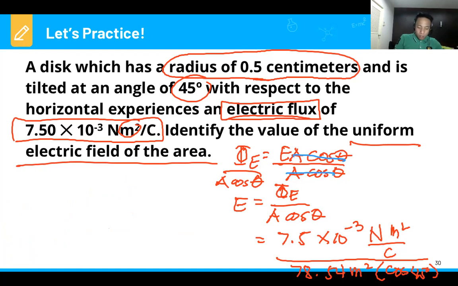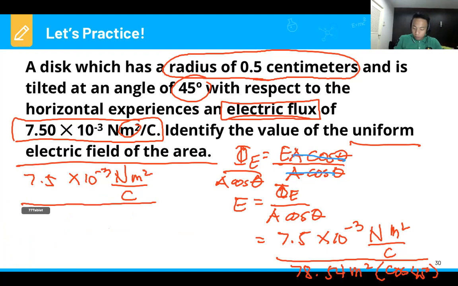Okay, so we will put 7.5 by 10 negative 3 and so 78.54 times 0.5. 78, yeah, tama.